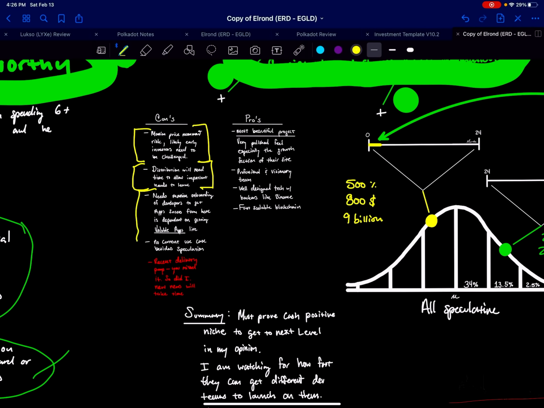Needs massive onboarding of developers to get apps successful from here. Is dependent on getting valuable apps live. And as far as I'm concerned right now, there is no current use case besides speculation. But I'll get into why it's good because up here. All right, and recent delivery pump. So yeah, they had recent deliverables.